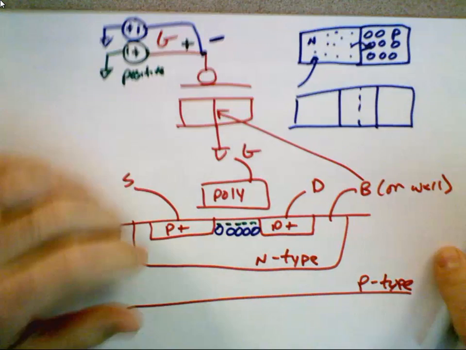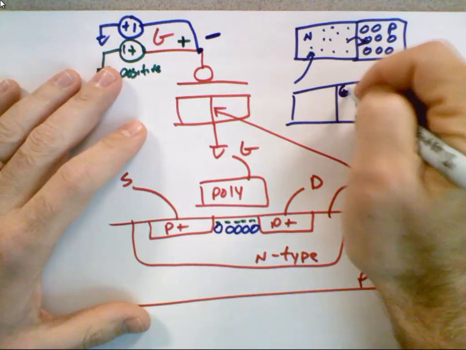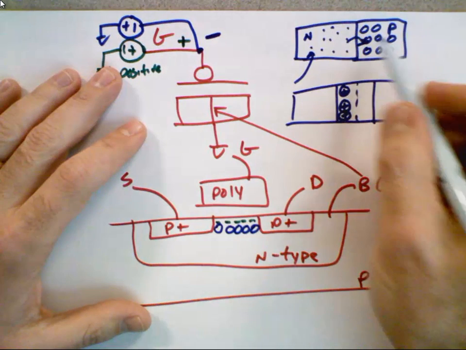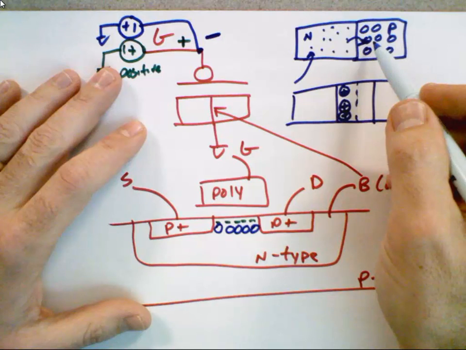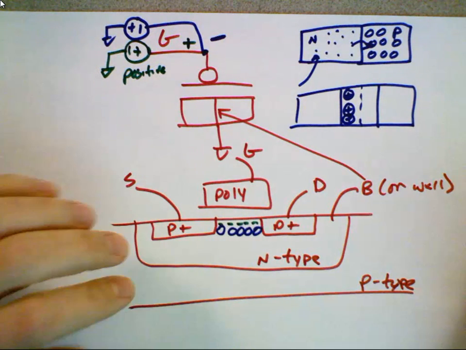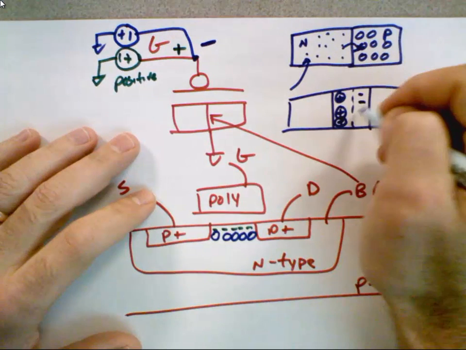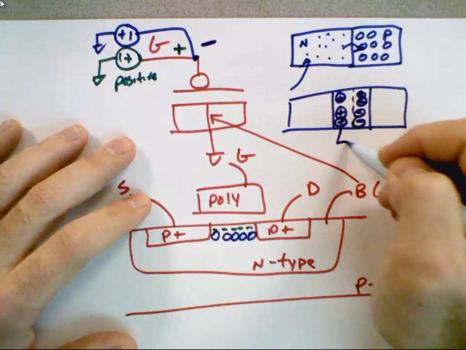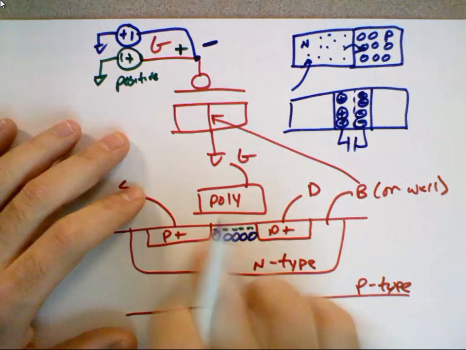So on this N side here, we get these positive charges. In the P side, we fill up the hole. We have an electron in the hole. What happens? Now this other electron moves in, and what happens? Net negative charge. So the P side has this net negative charge. This is what gives rise to the depletion region and the capacitance. And this is part of what's going on here.